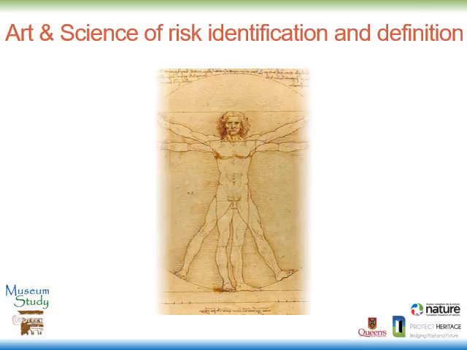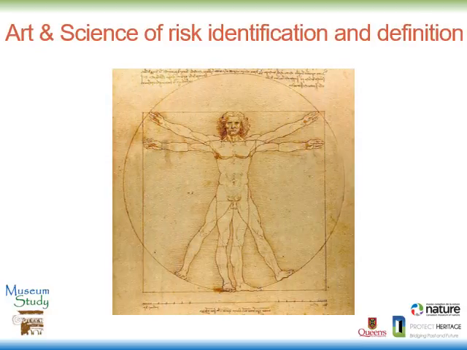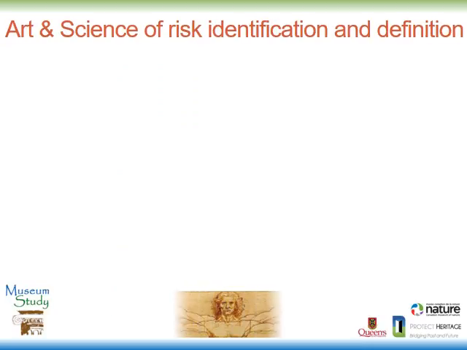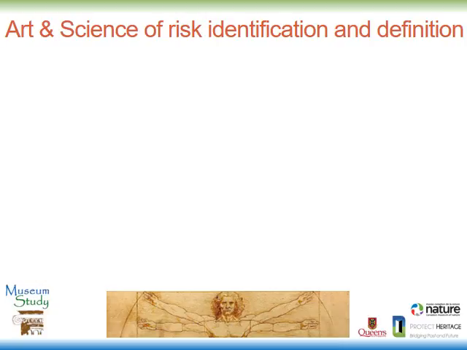Now, there's both an art and a science to risk identification and definition. If I can give an example here, let's consider physical force type 2, where the most simple expression might be just defining it as a collection object breaks, right? That's a definition of a physical force type 2 risk.